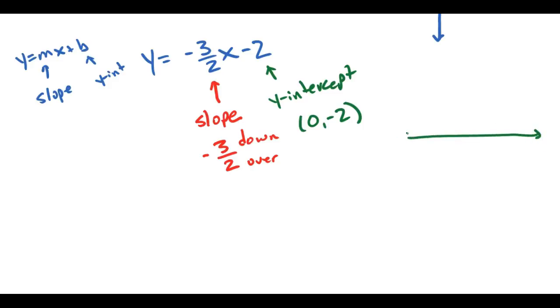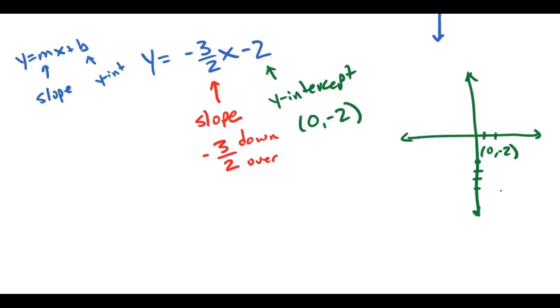So again, if we could do a very rough graph, maybe here is where this is 0, -2. And then our slope tells us, because it's negative, it means that it goes down 3, 1, 2, 3, and then it's going to go over 2, 1, 2.